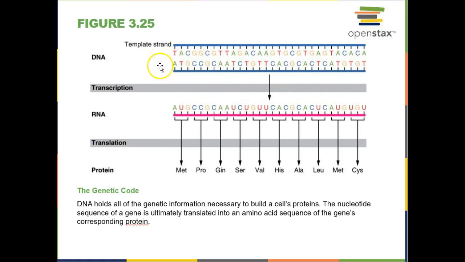And you don't need to know this, but it's fun to know. This strand here, which doesn't get transcribed, is called the coding strand because it matches the mRNA. So ATG on the coding strand is AUG in the mRNA. This sequence matches this sequence just with the substitution of U everywhere there's a T up here.